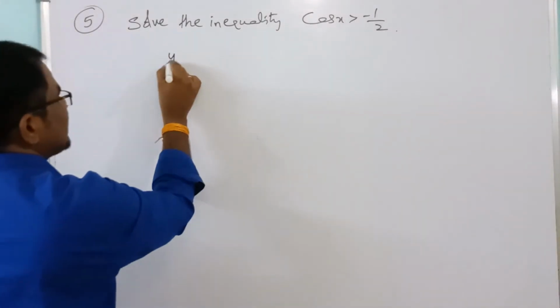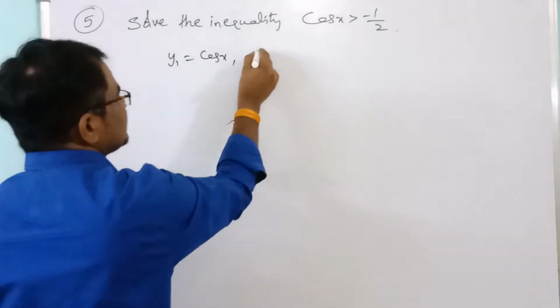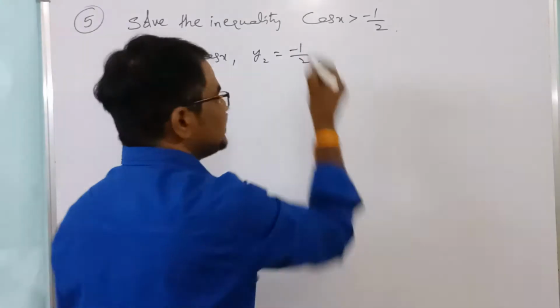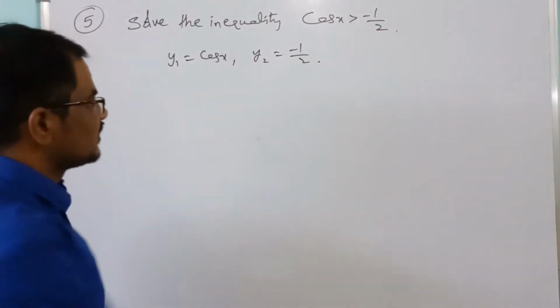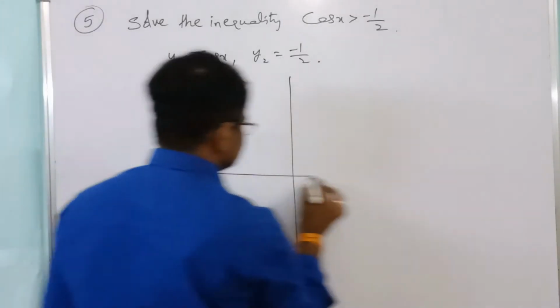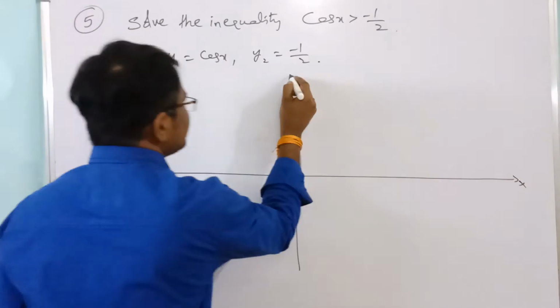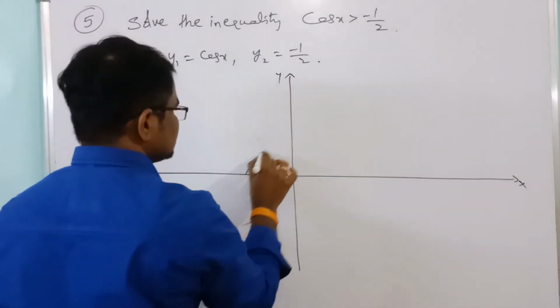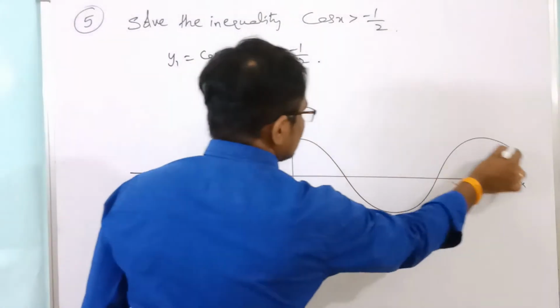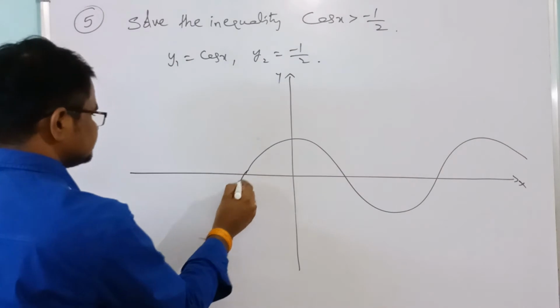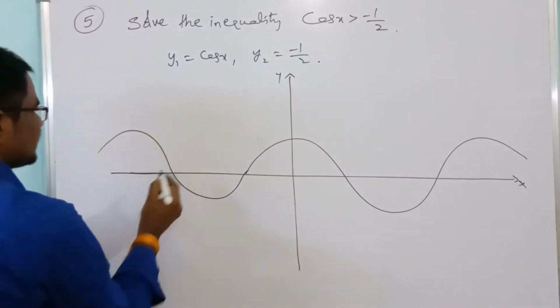Right. Here also take y1 equal to cos x, y2 equal to minus 1 by 2. Okay? Now, x axis, y axis, this is the cos x graph like this.